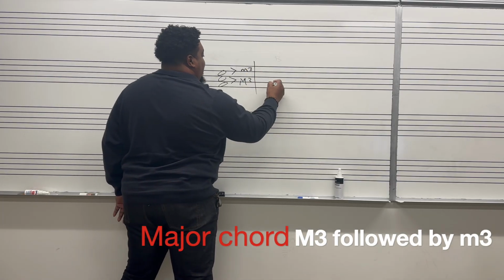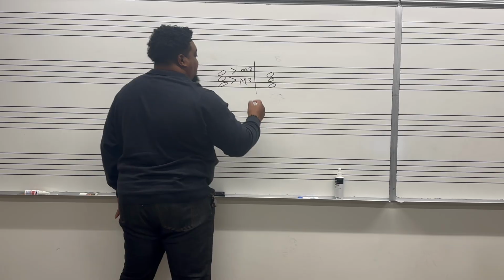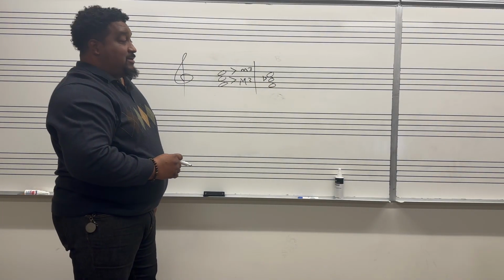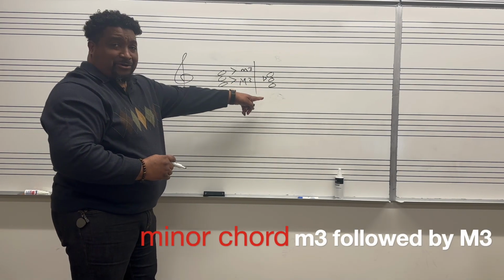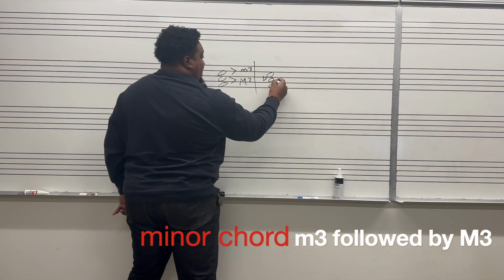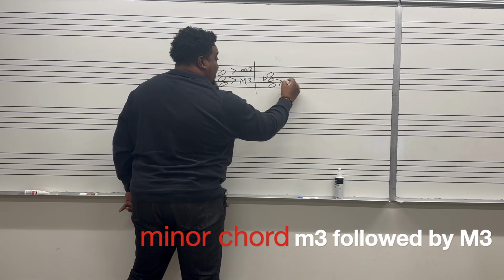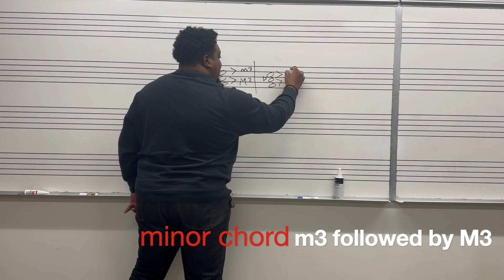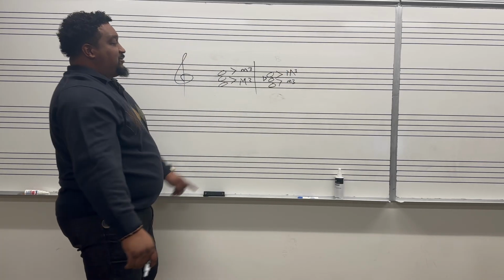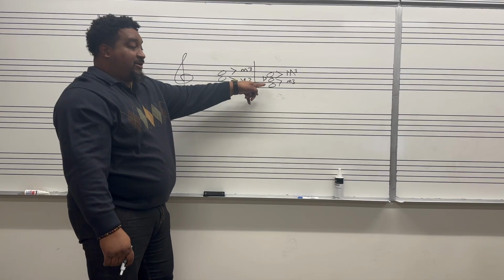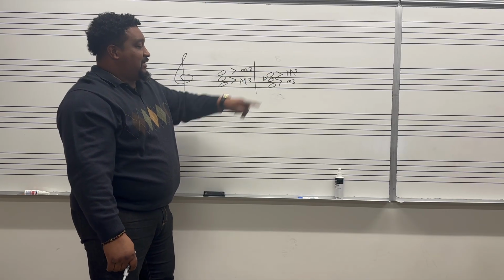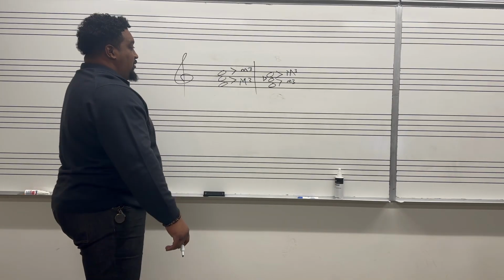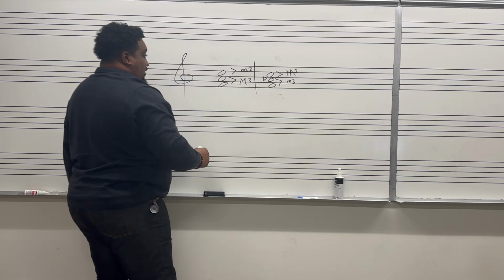If we have another chord, and we have this here, this now becomes a minor chord because this interval constitutes a minor third, and then from here to here, it's a major third. So from F to A flat, that's a minor third. From A flat to C, that's a major third. So it's a minor third followed by a major.